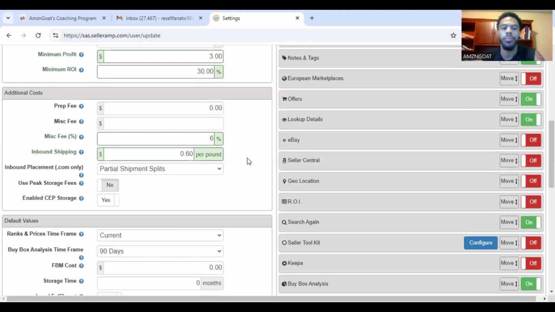If you've done some FBA shipments, you know that there are shipping fees associated with sending products out FBA. Basically, this price per pound is however much you have to pay to ship all the products out to the warehouses, divided by the number of total pounds the shipment is.